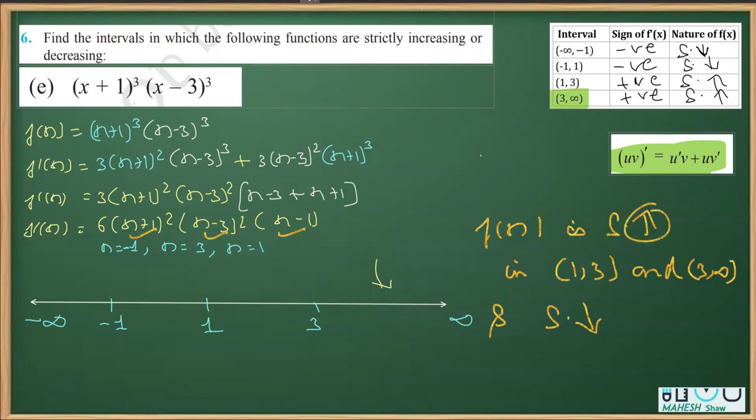You don't use arrows in the exam, write down the statement: strictly decreasing in the interval minus infinity to minus 1 and minus 1 to 1. This is how you should end the answer.